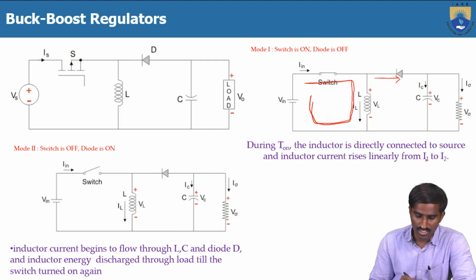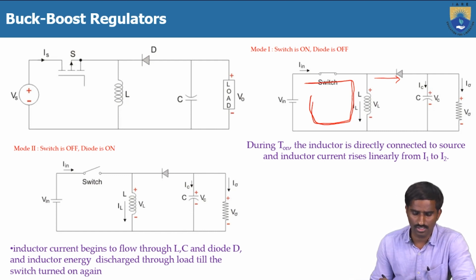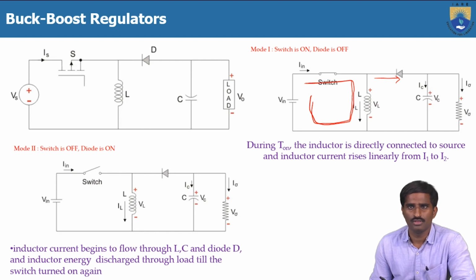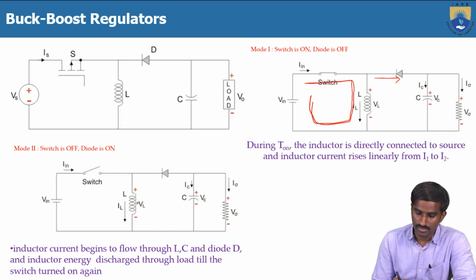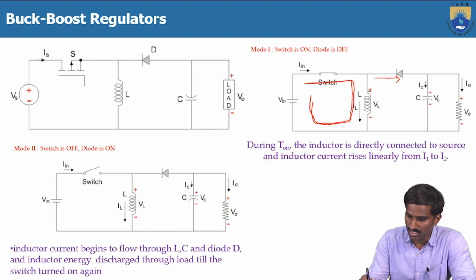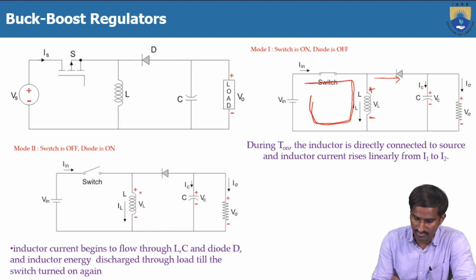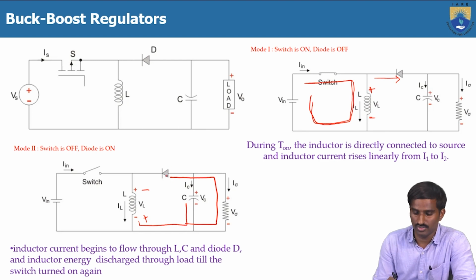Then in the second case, when the switch is off and the diode is on, previously the inductor was charged like plus and minus, but now it will discharge like minus and plus. The inductor will discharge through the load, and the diode will be forward biased, so it will start conducting.